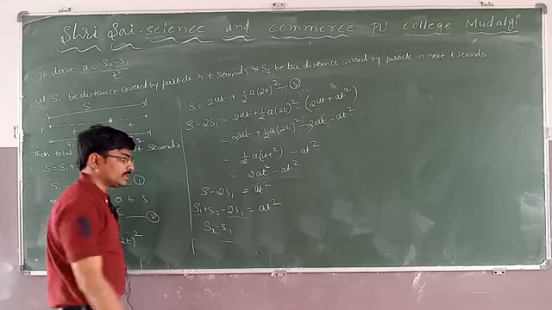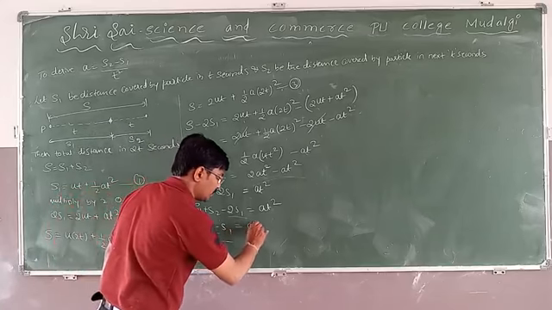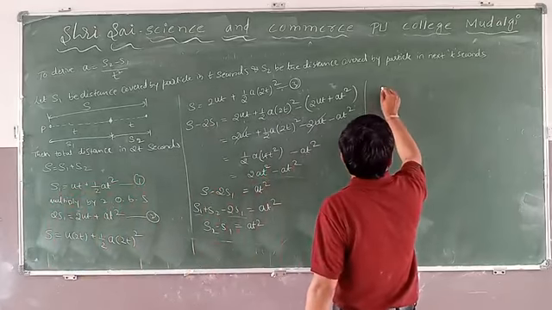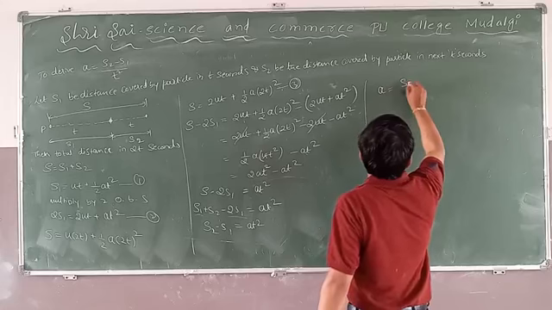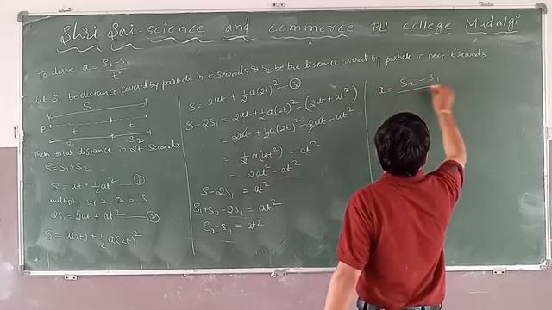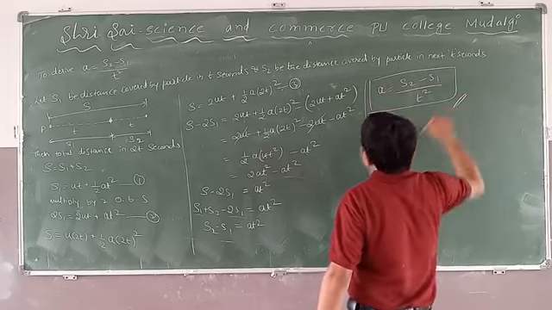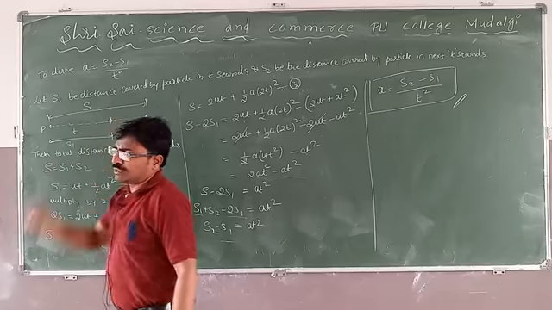So s2 minus s1 is equal to a t square. Then what we need is a is equal to s2 minus s1 divided by t square. The same equation we were going to prove. Yes, we proved it.